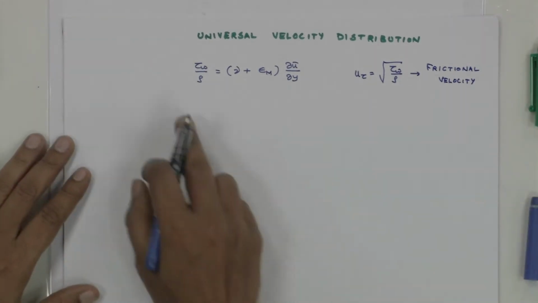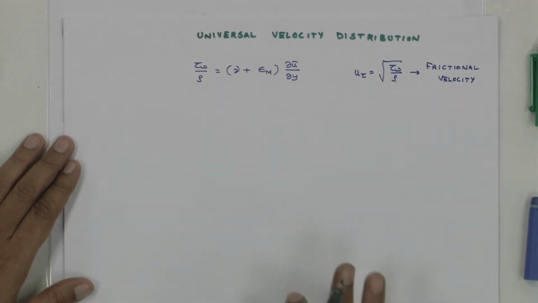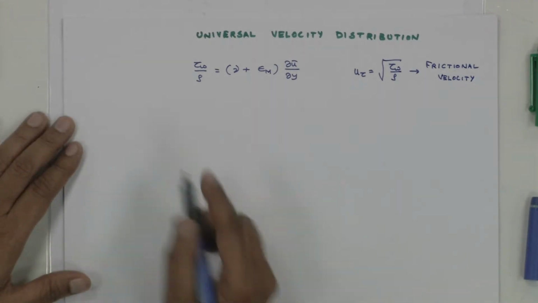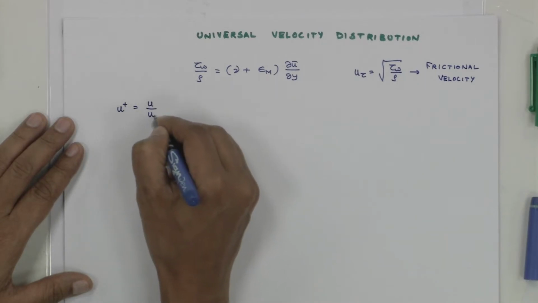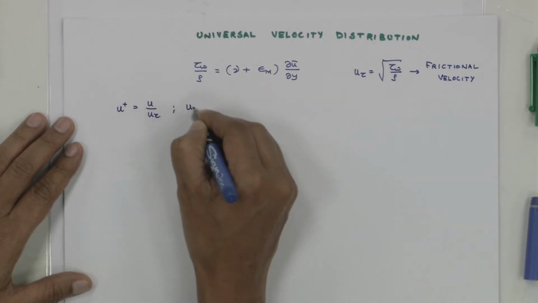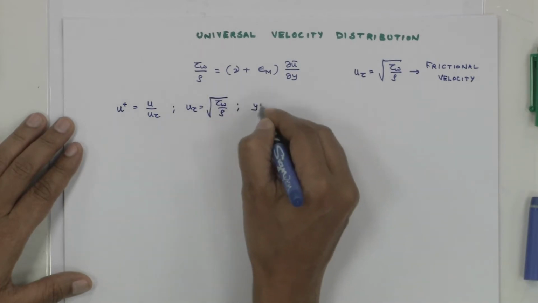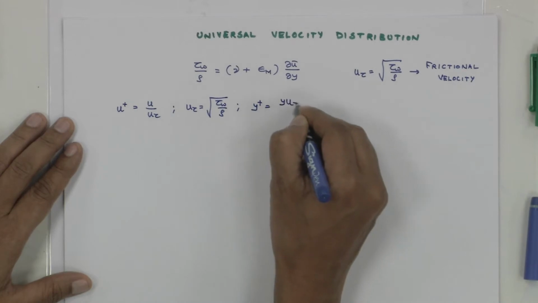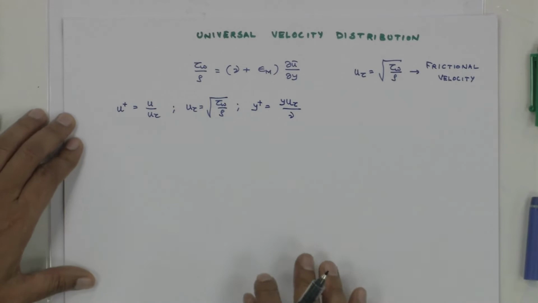Now I will rearrange this equation in terms of u plus and y plus, that is the aim. So let us recollect, u plus was written as u by u tau, and u tau equal to square root of tau wall by rho, and y plus equal to y u tau by nu. This is what we had written.